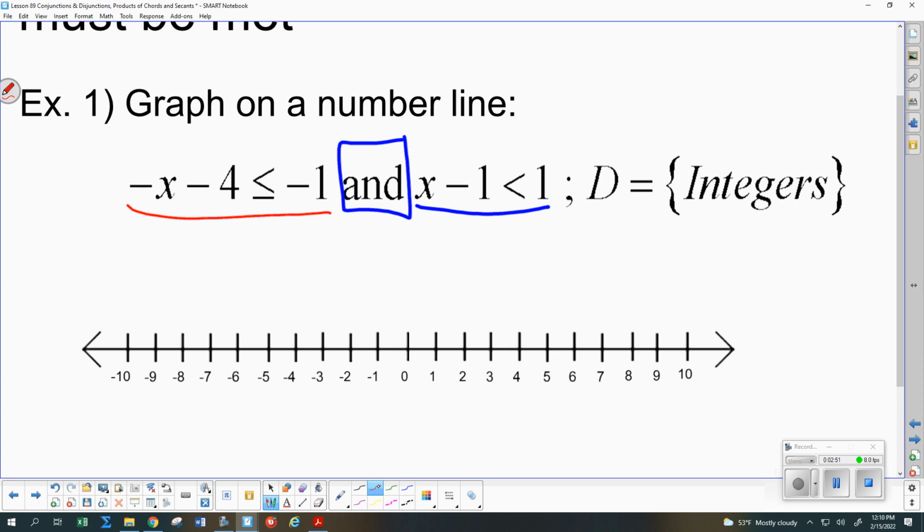Griff, what would I do first to the one I underlined in red to simplify it? Which gives me... everybody good with that? And Cooper, what do I do now? How do I do that?